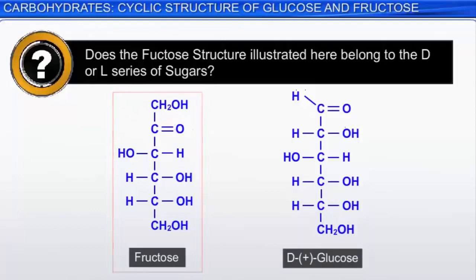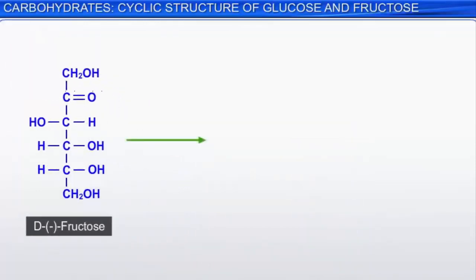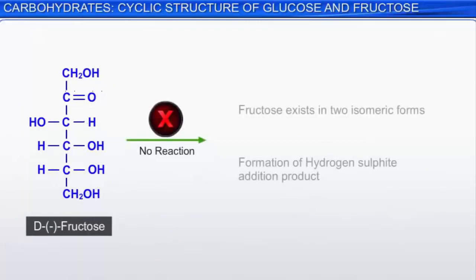Its open chain structure along with the name D-(-)-fructose is illustrated here. As the open chain structure fails to explain certain facts like its existence in 2 isomeric forms and the formation of hydrogen sulfide addition product, the ring structure was established.